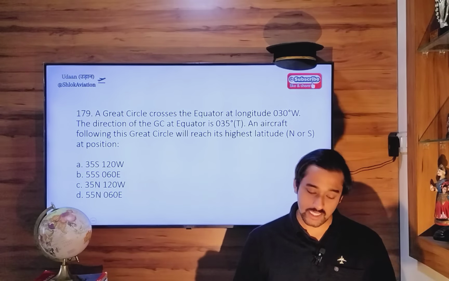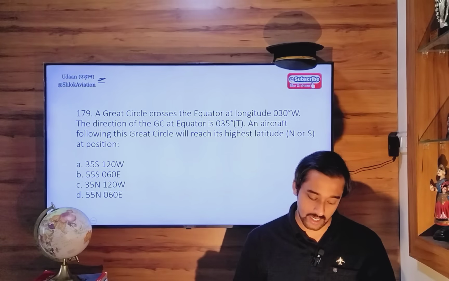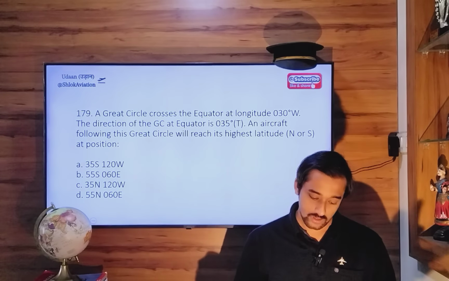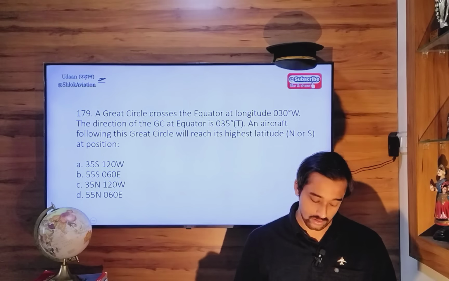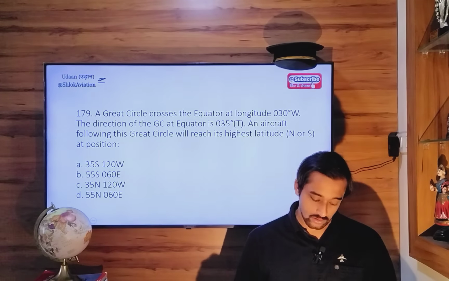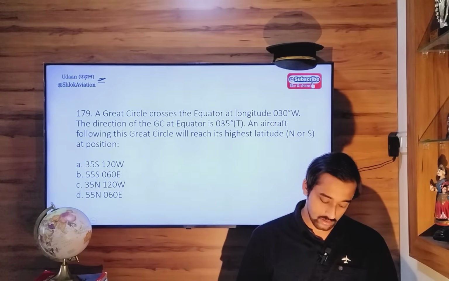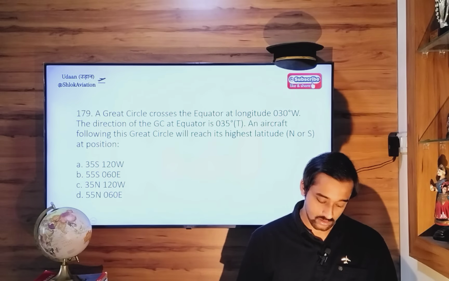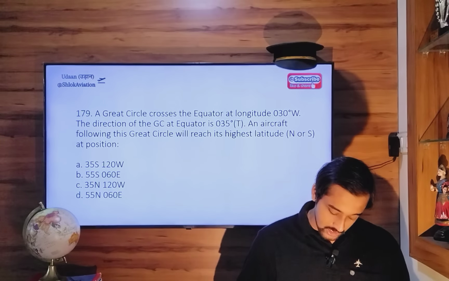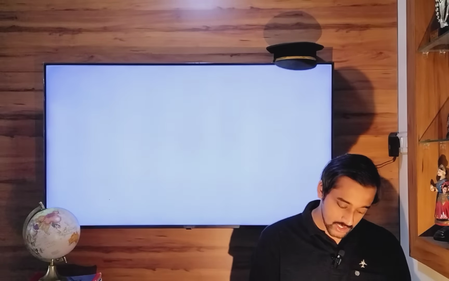An aircraft following this great circle will reach its highest latitude at what position? So let's draw that. This is your Earth.